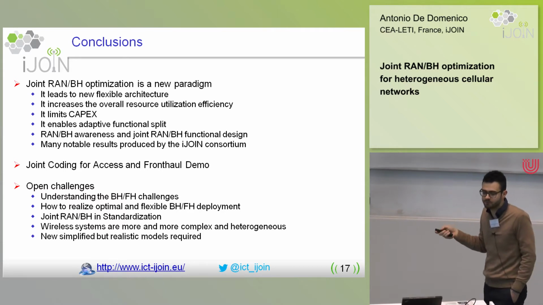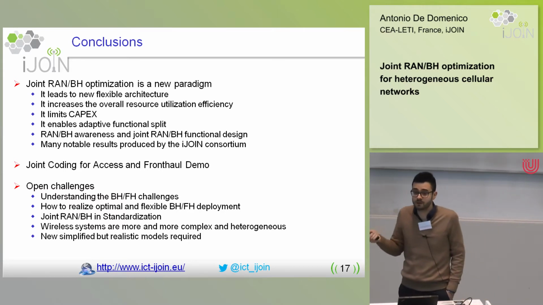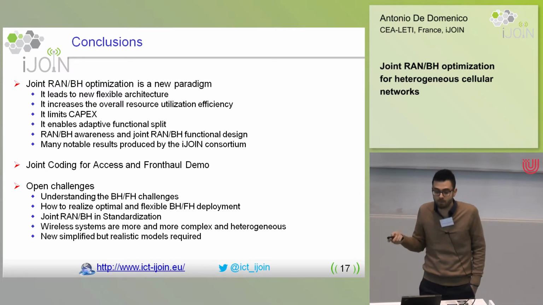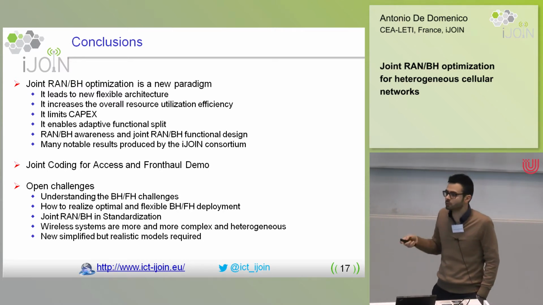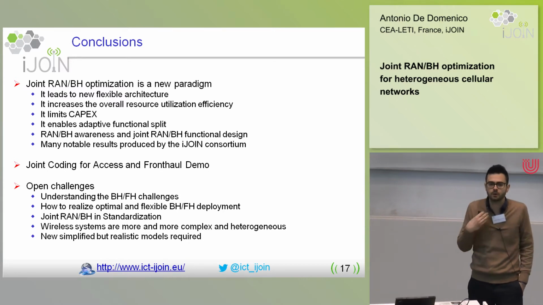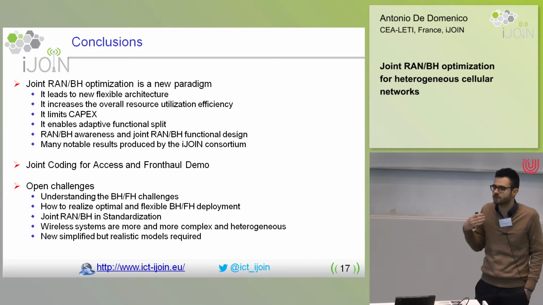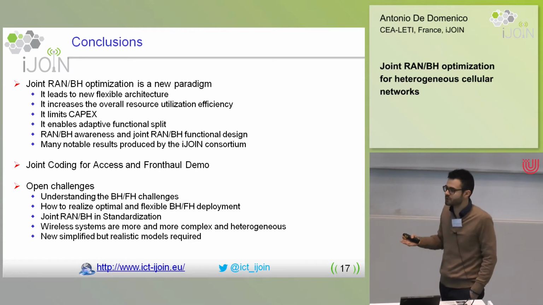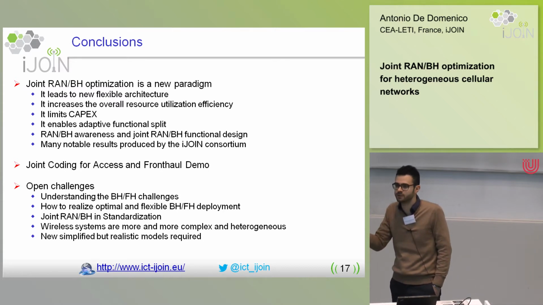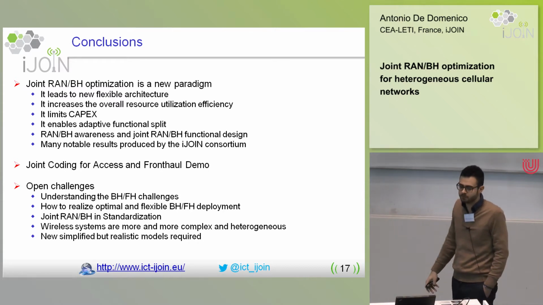So to conclude this presentation, we have seen that joint RAN and backhaul optimization is a new paradigm that permits a new flexible architecture. It improves the system performance in terms of utilization efficiency and lower capital expenditure. It enables and supports the adaptive functional split.